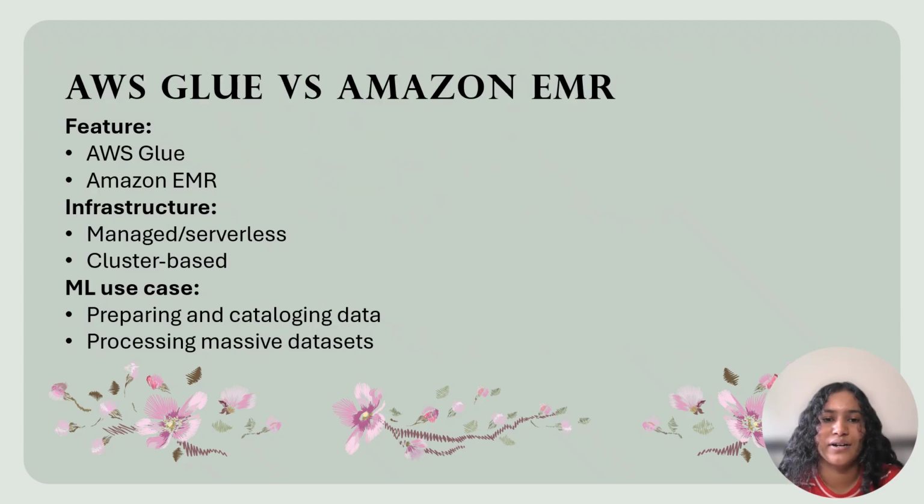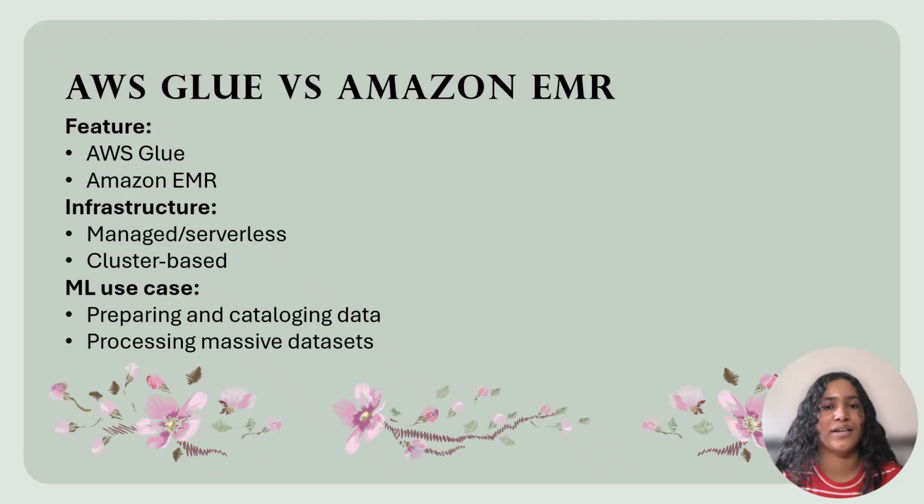Now let's compare Amazon Glue and Amazon EMR. These are two Amazon Web Services commonly used for data processing and machine learning workflows. Although both services help organizations process and prepare data, they are designed for different use cases. Amazon Glue is a fully managed and serverless ETL service. Because it is serverless, users do not need to provision or manage servers.